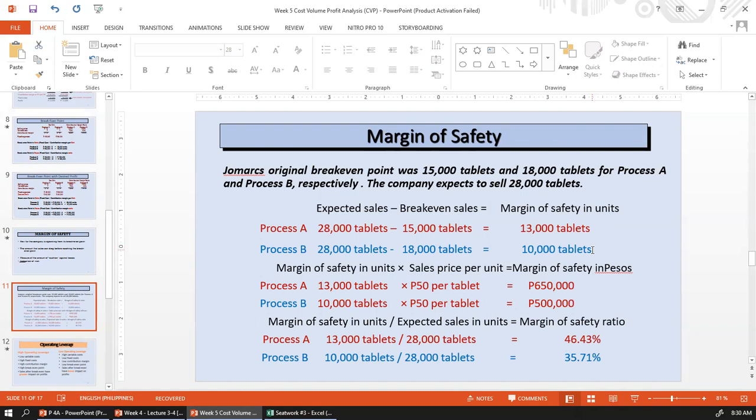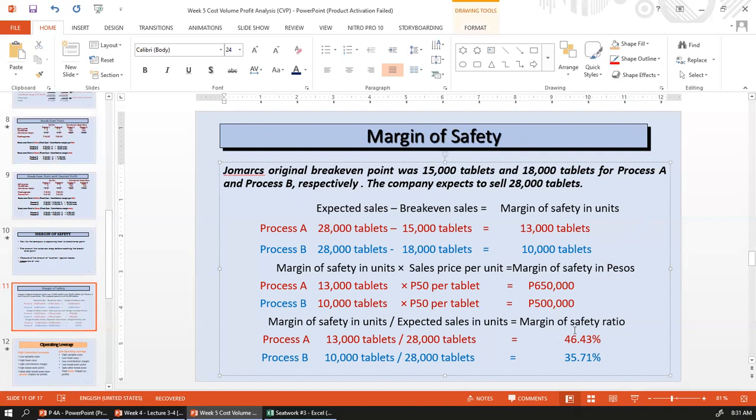Now, how to compute for your margin of safety in pesos? So, 13,000 tablets times 50 pesos per tablet, and you will get 650,000. Okay, for process B, our margin of safety in units is 10,000 tablets times 50 pesos per tablet and will give you 500,000 margin of safety in pesos.